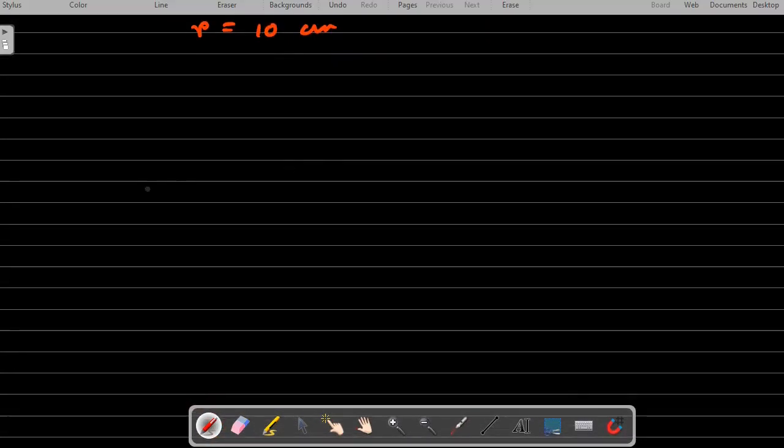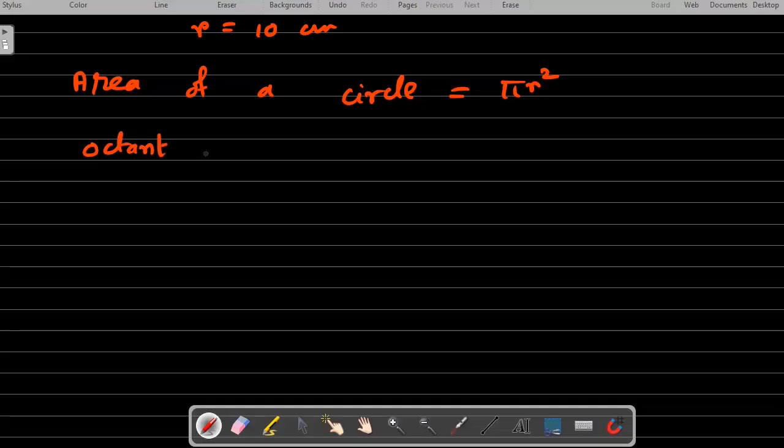Now you have to find the area of the octant. You know that the area of a circle is equal to pi r square. Now octant is 1/8 part, so the area of the octant will be 1/8 into pi r square.